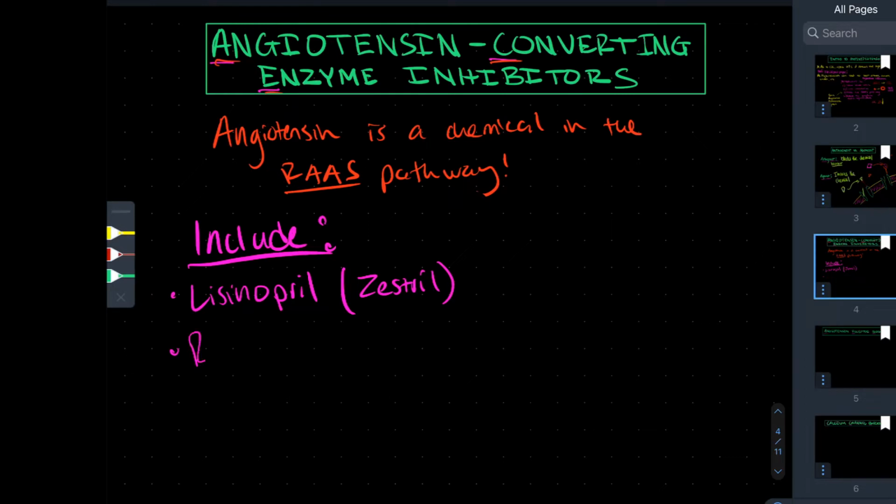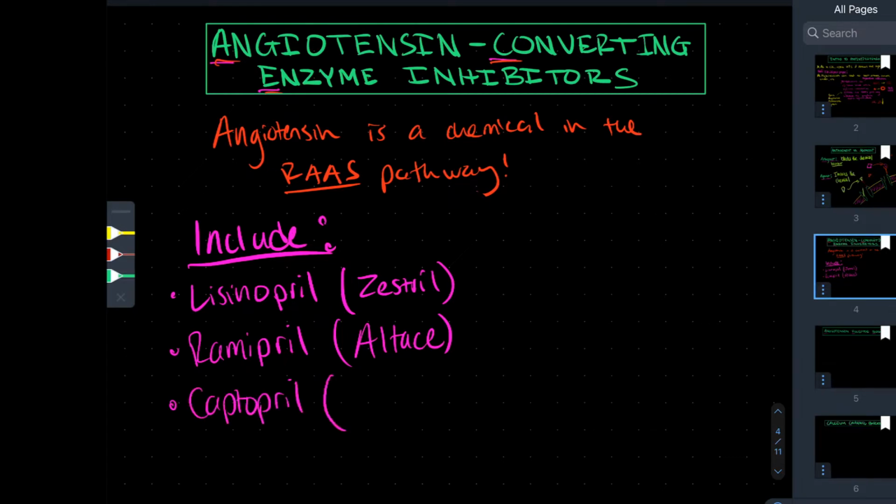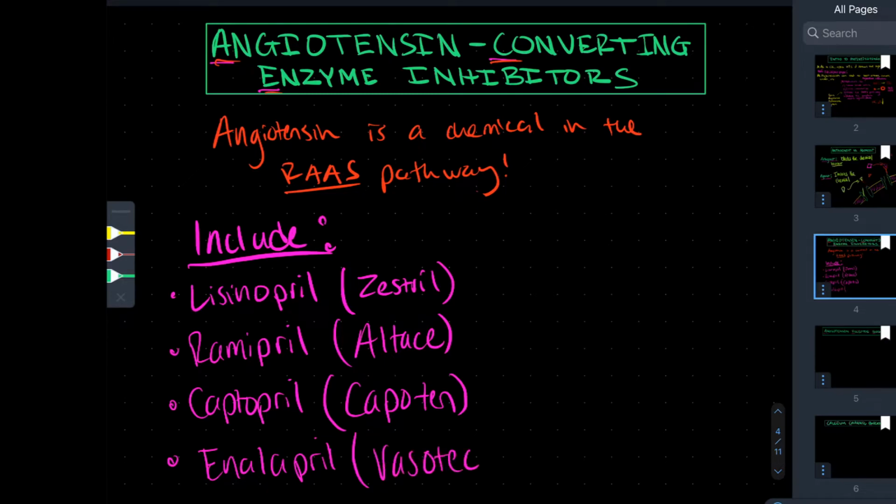We have ramipril, which is called Altace. We have captopril, which is called Capoten. And another common one is enalapril, and this is called Vasotec.